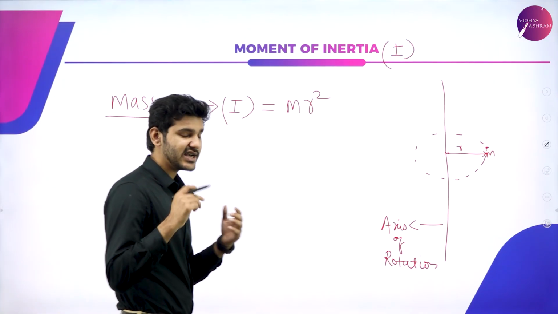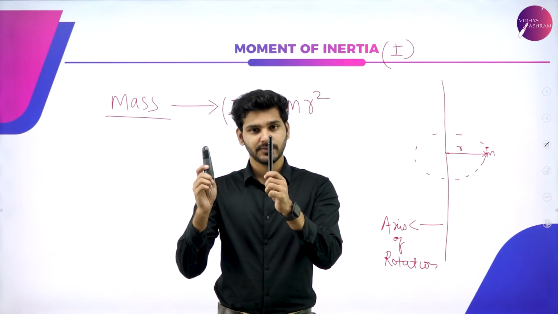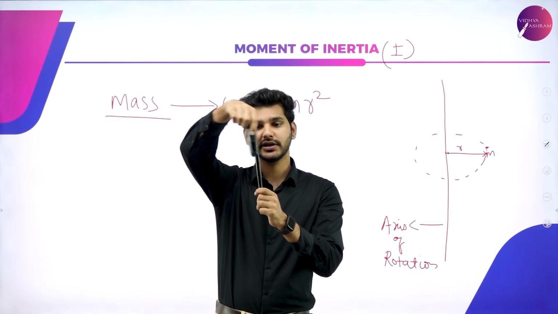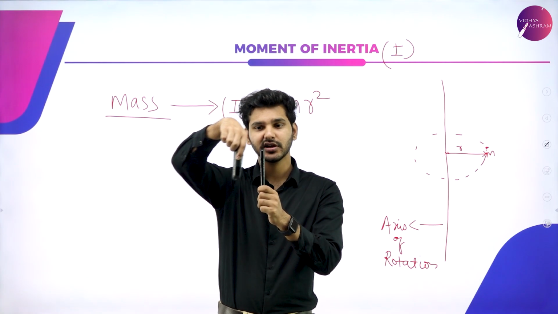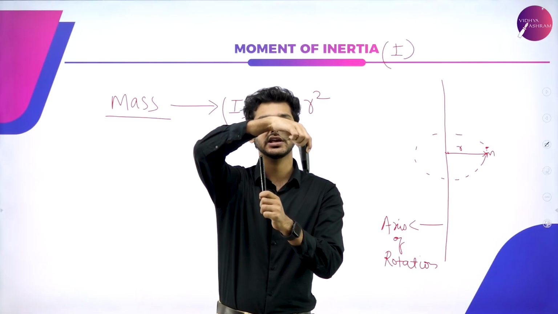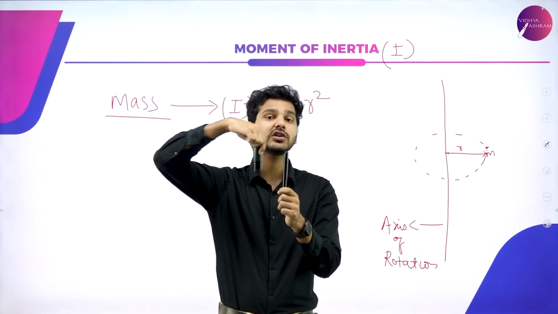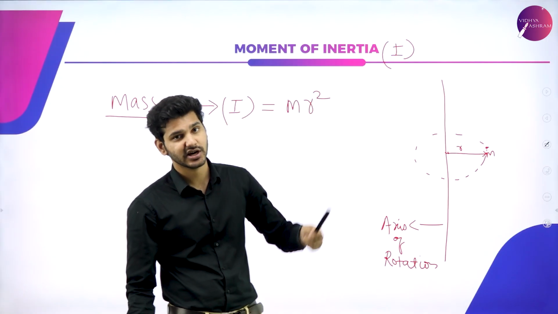If there is one individual particle rotating about a particular point like this, with the axis passing through the center, the reluctance of this particle to rotate along this axis is expressed as moment of inertia.